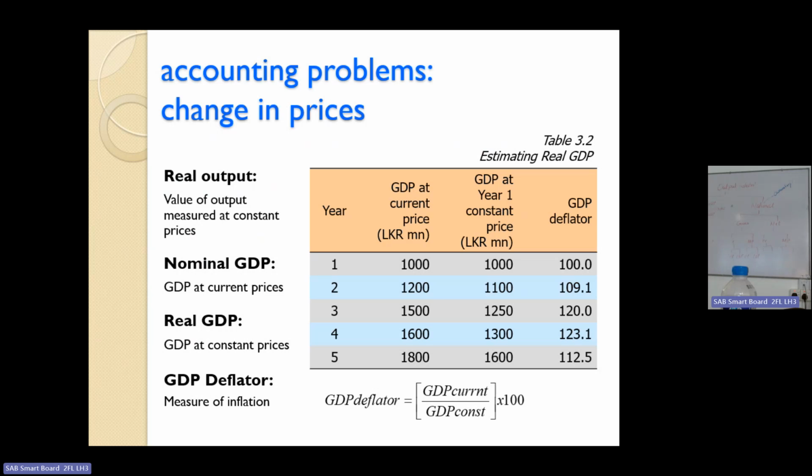Nominal divided by the real, into 100, gives the implicit price index. That counts the GDP inflation, so that index always exists, year to year. This is the starting point.